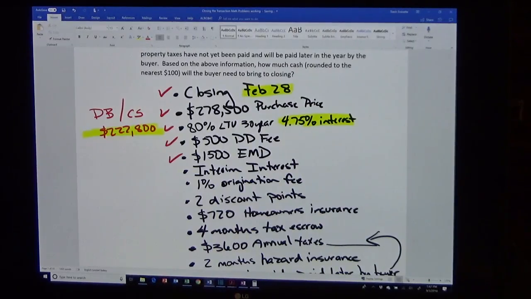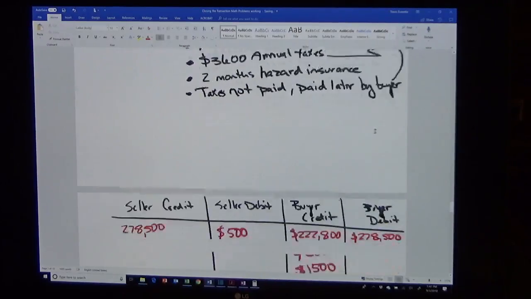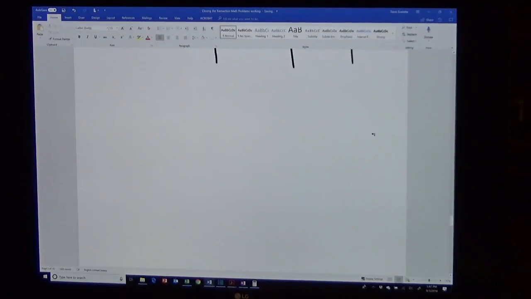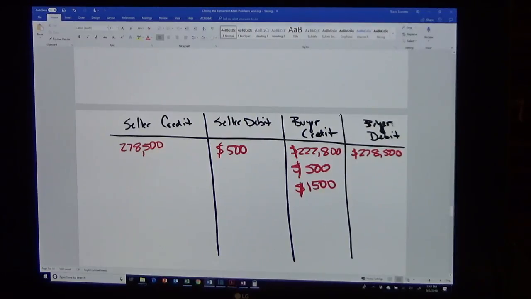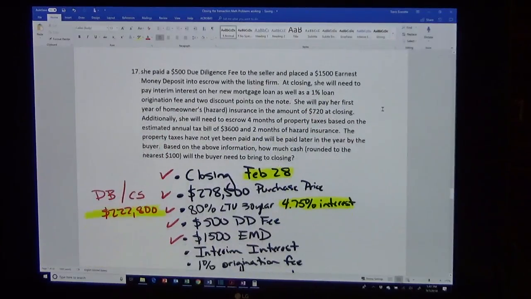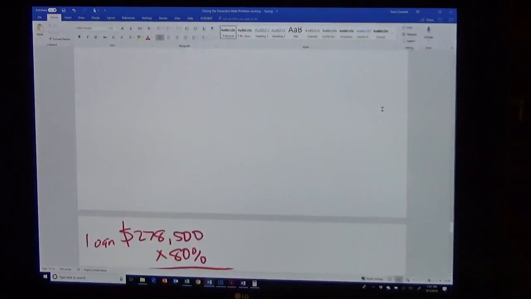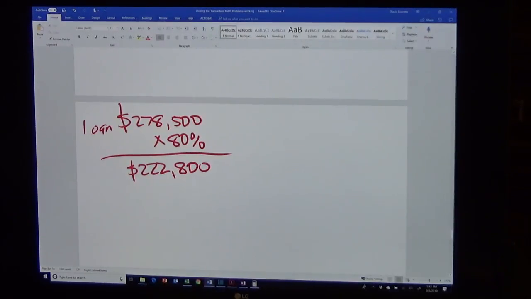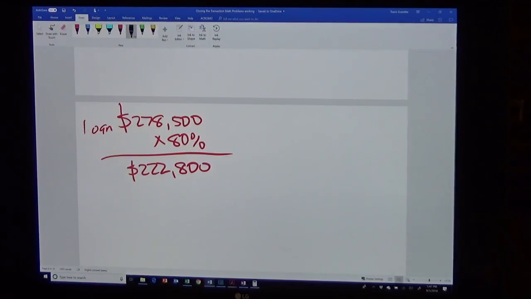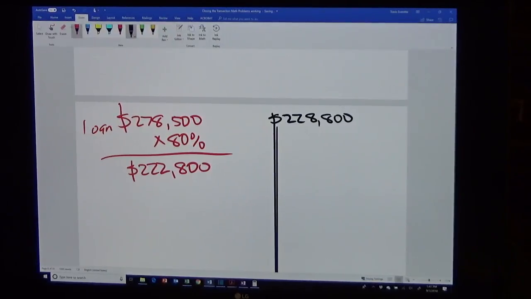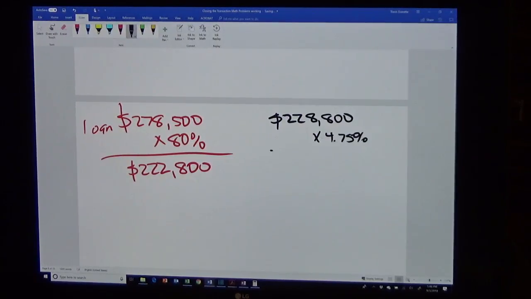So when we talk about interim interest, we're looking at 4.75%. We've got our loan here of $222,800 times 4.75%, and that's an annual interest rate.